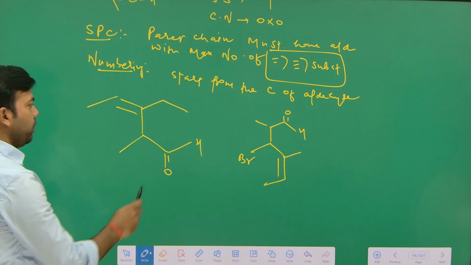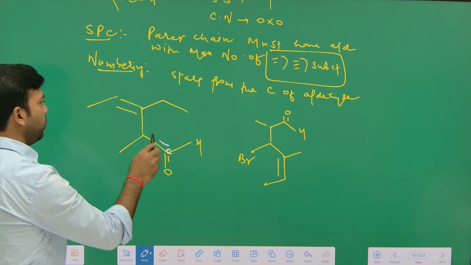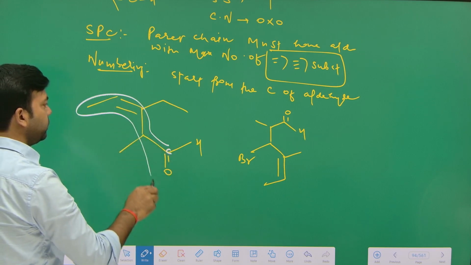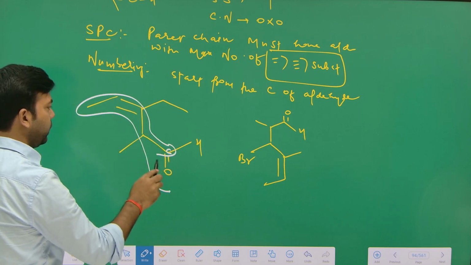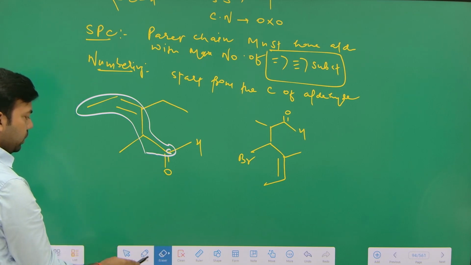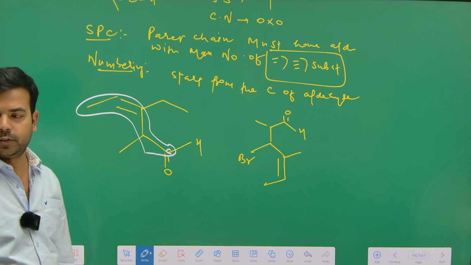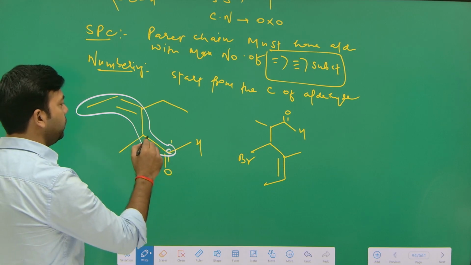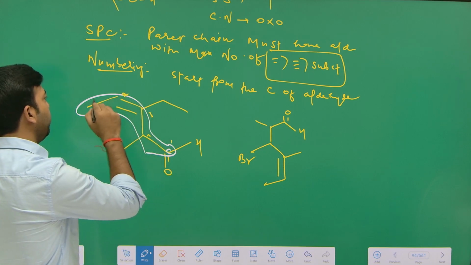So this is my parent chain, this is the carbon. Numbering should start always from the carbon of aldehyde: 1, 2, 3, 4 and 5.